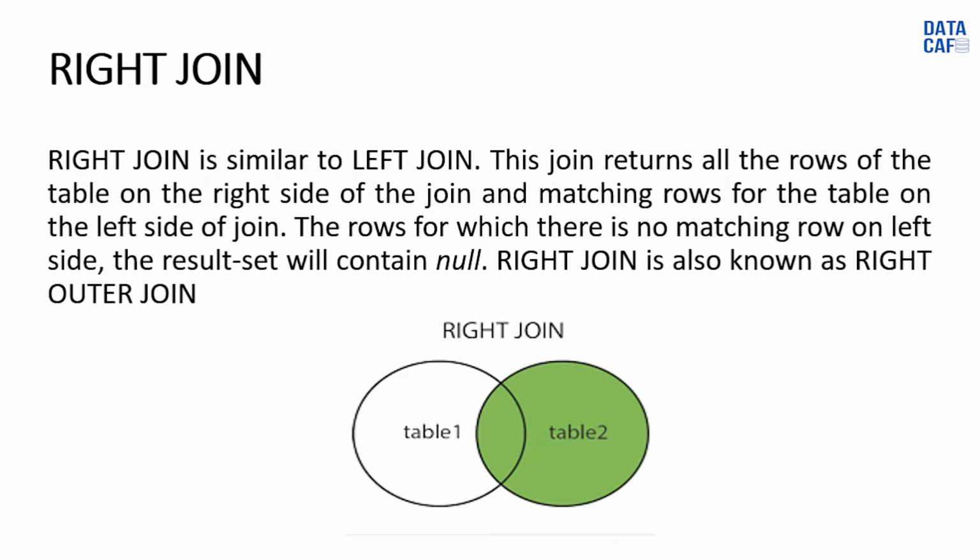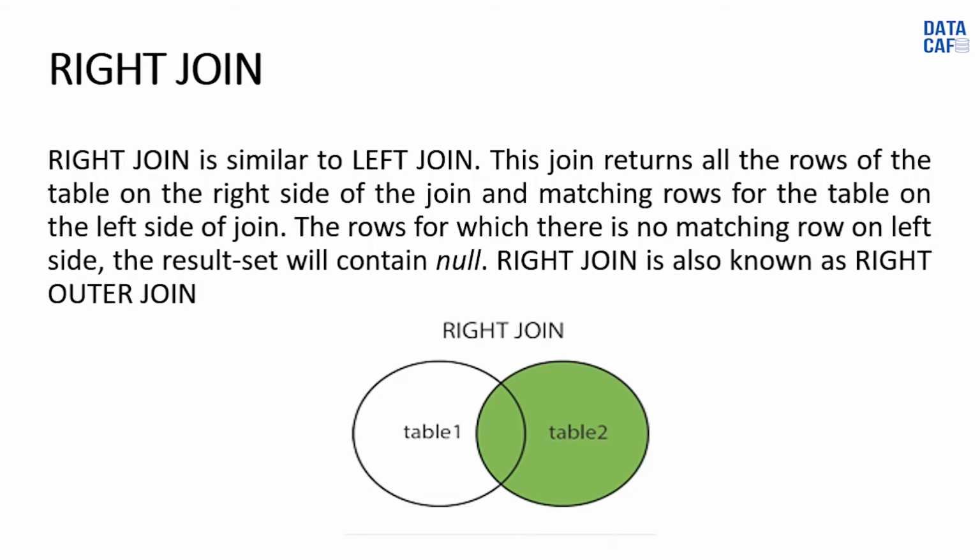You can see the same table structure, table 1 and table 2. On the left hand side is table 1, on the right hand side I have table 2. It will return the records of table 2 and the matching records between table 1 and table 2. That shows the right join.